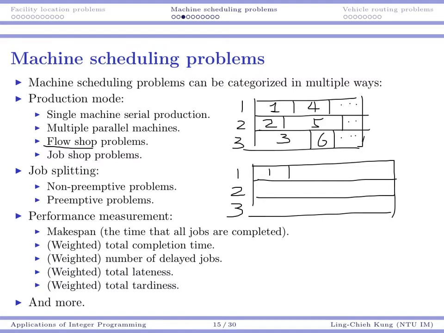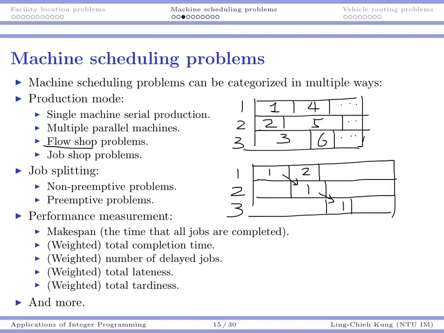Then when you work on job 1 here, you cannot start job 1 on the second and the third stages. You can start the second stage of job 1 only after stage 1 has been completed, and the next stage is the same thing. Then you probably want to work on job 2.